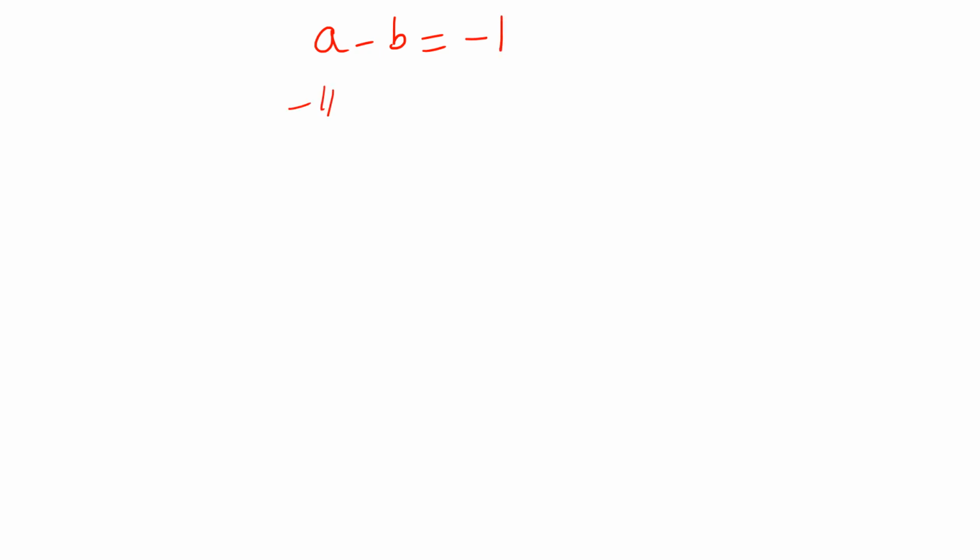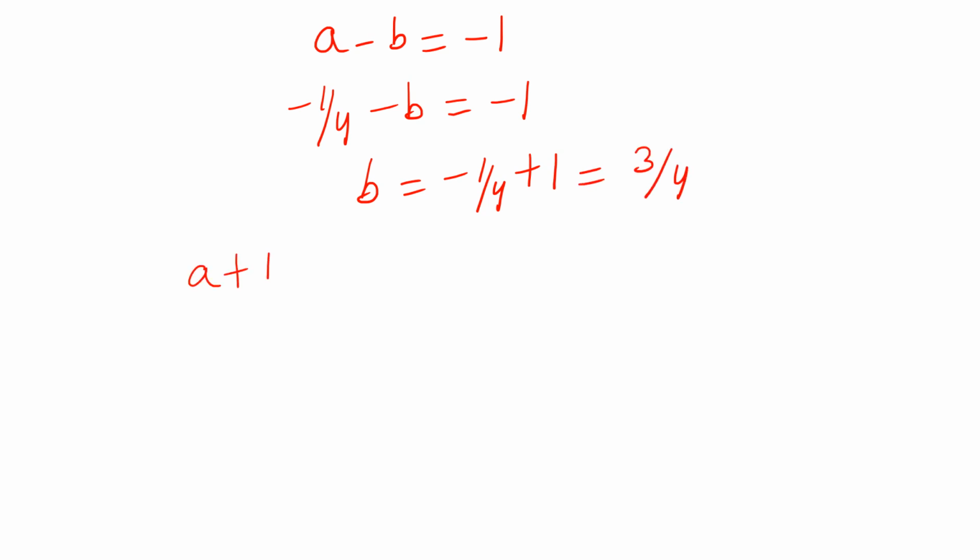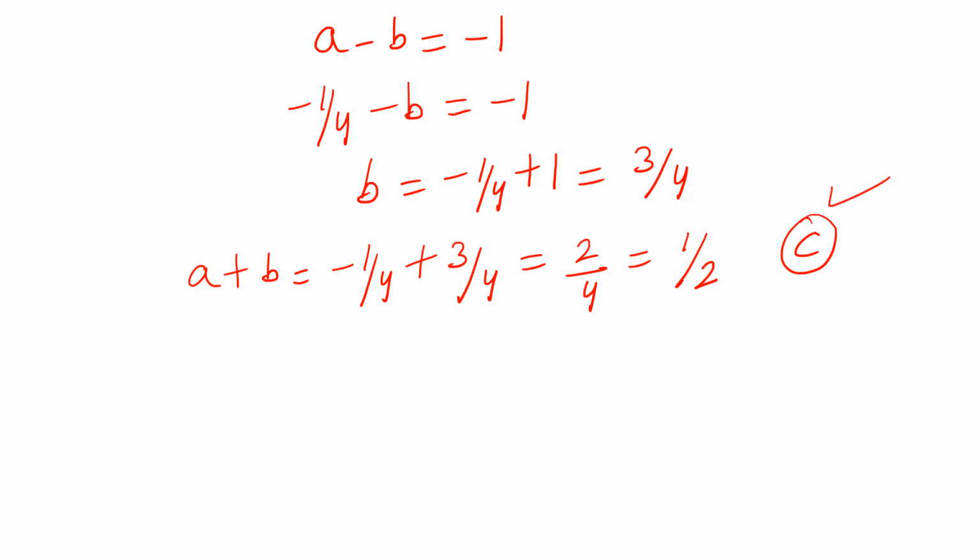So when I put a as -1/4 in this equation, I get the value of b as -1/4 + 1, which is equal to 3/4. So the value of a + b becomes -1/4 + 3/4, and this is equal to 2/4 or 1/2. So that means option C is the correct one.